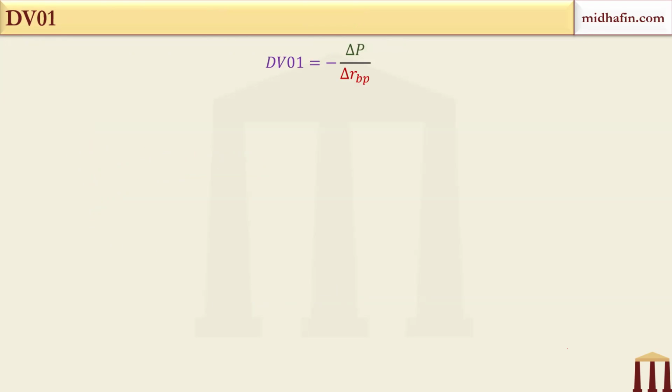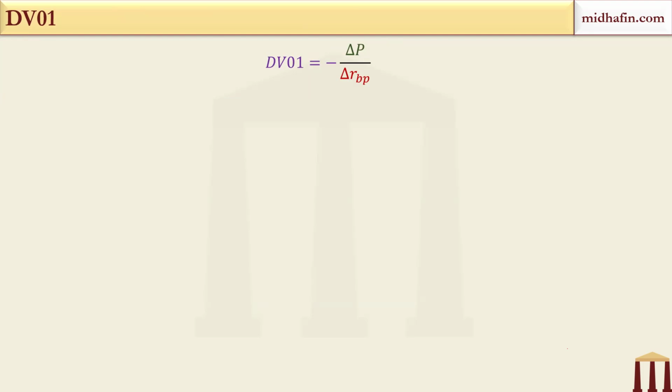Now let's talk about DV01. The formula for DV01 is given as negative of delta P by delta R, where delta R is the change in the interest rate, measured in basis points. This is a very important thing to consider. If my interest rate changes by 0.05%, it means my delta R is 5 basis points.